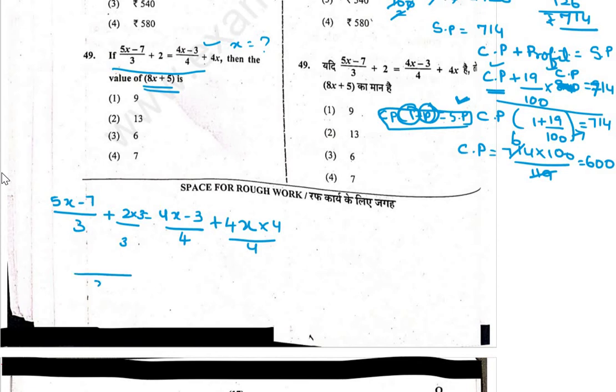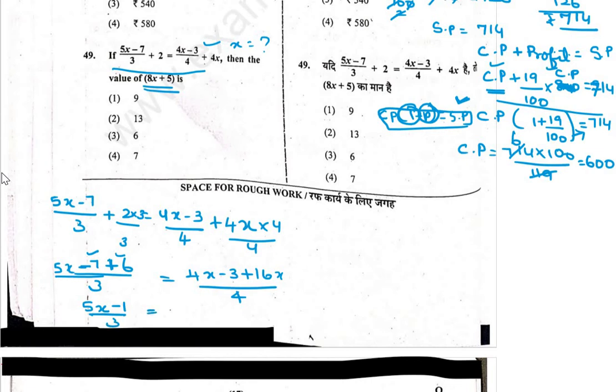So 3 is the LCM. So 5x minus 7 plus 6. This equals 4x minus 3 plus 16x divided by 4. So combine the terms. These two terms' signs are different, so you have to subtract and put the greater number's sign.